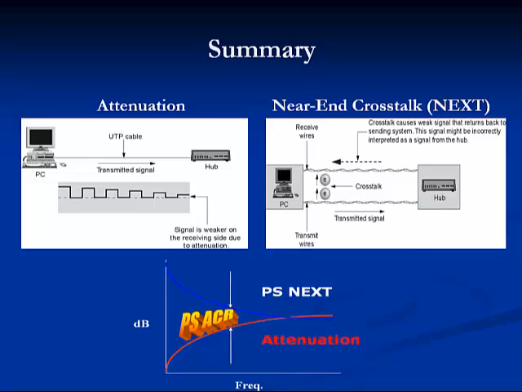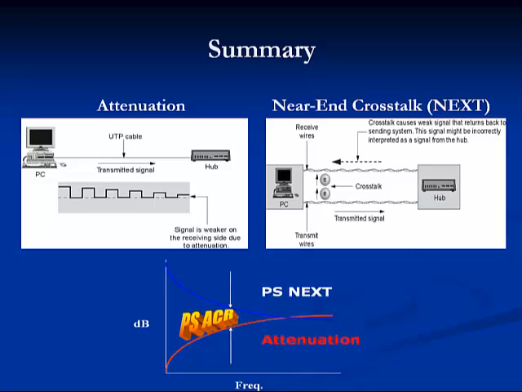Near-end crosstalk is an important measurement, and it's a measure of noise coupling from the transmitted wire pair into the receiver wire pair, detected at the transmitted wire pair end.